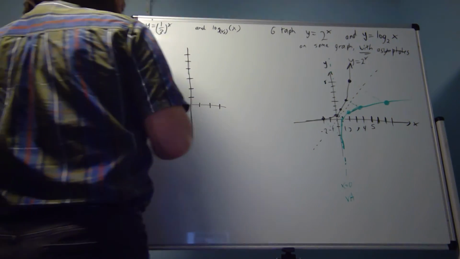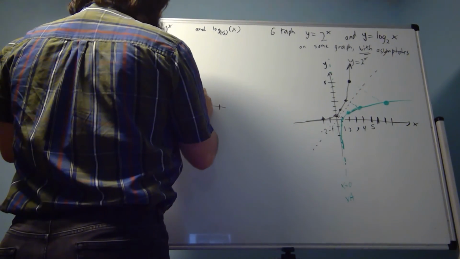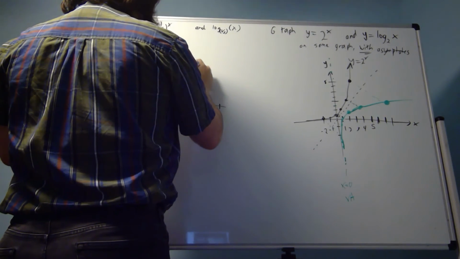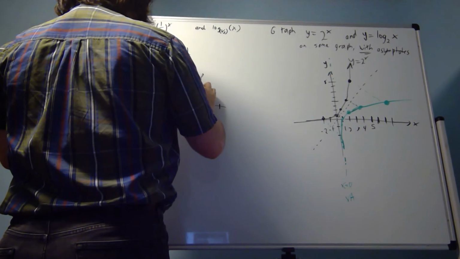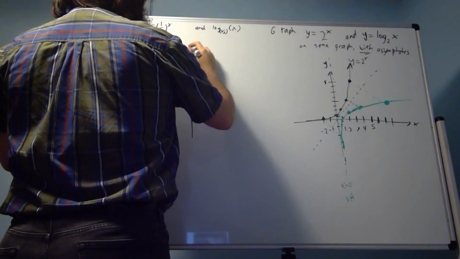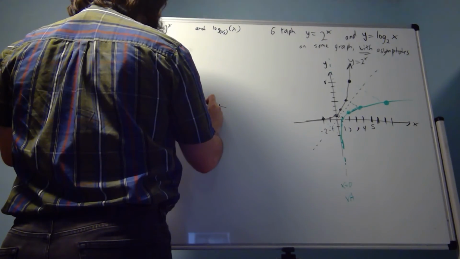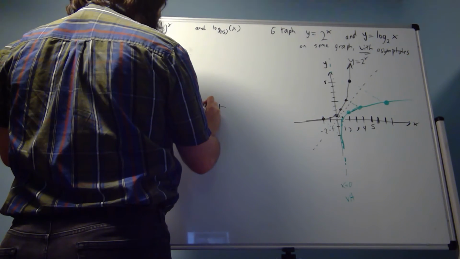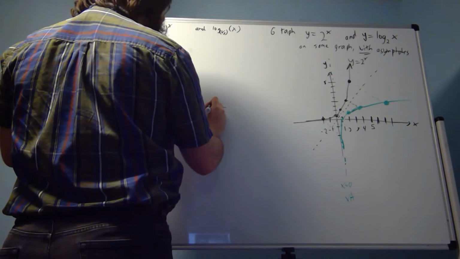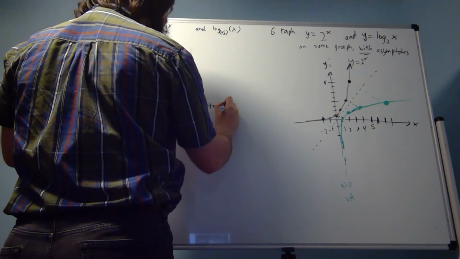Something like that. 2, 3, 4, 5, 6, 7, 8, 9. That goes all the way up to 10, and that's more than enough. So let me try to keep it even here. 1, 2, 3, 4, 5, 6, 7, 8, 9.